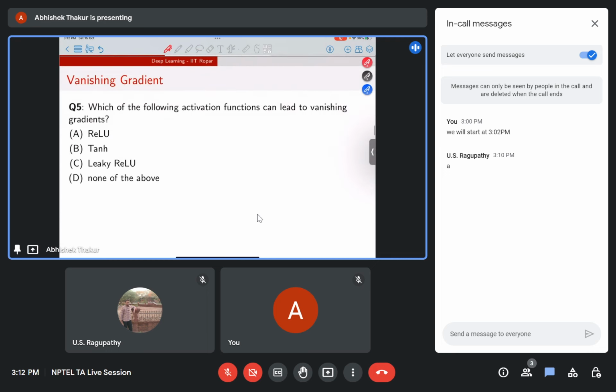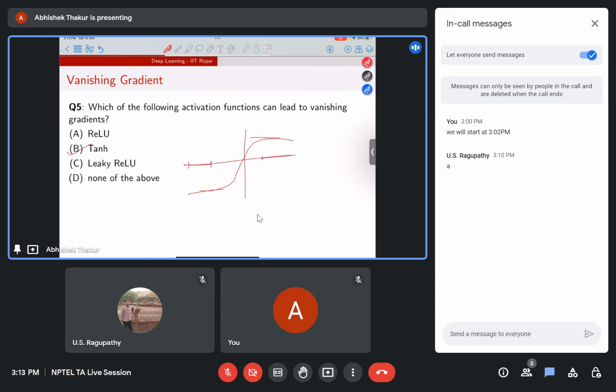This is just a question based on the previous thing. Which of the following activation functions can lead to vanishing gradients? We know that tanh will lead to the vanishing gradient, because the derivative of tanh becomes 0 on the positive side after some point, and on the negative side also after some point.